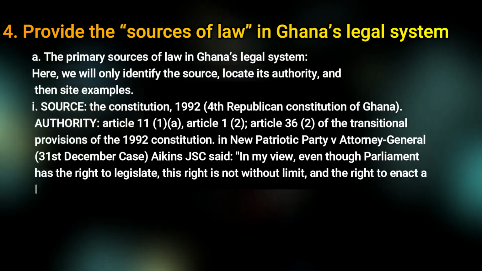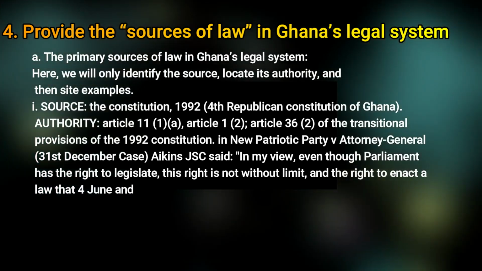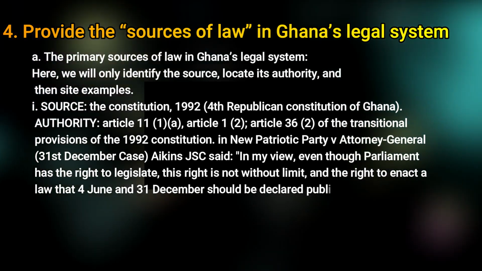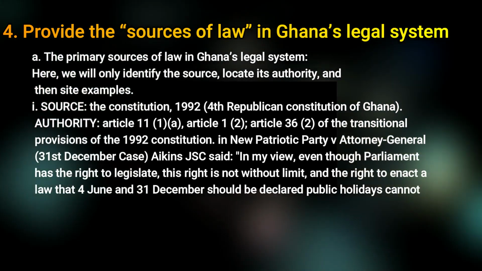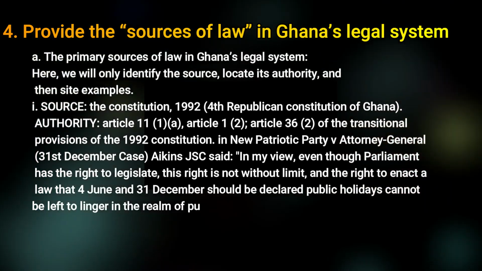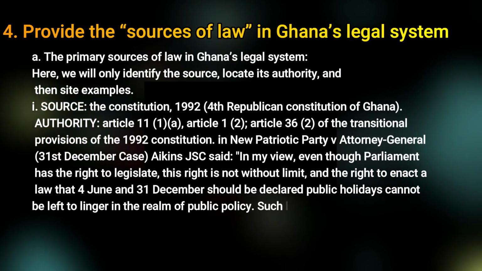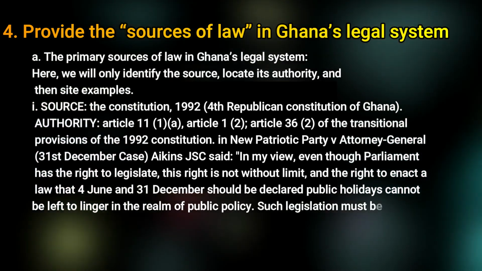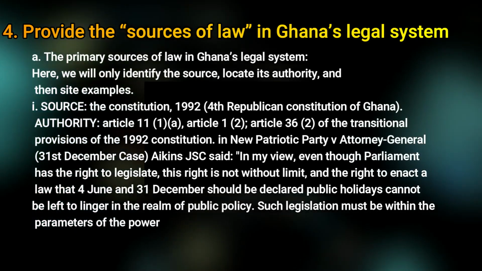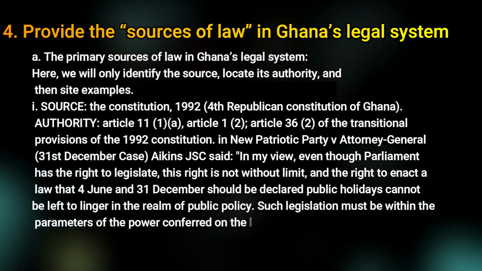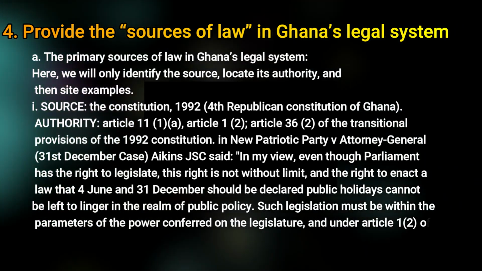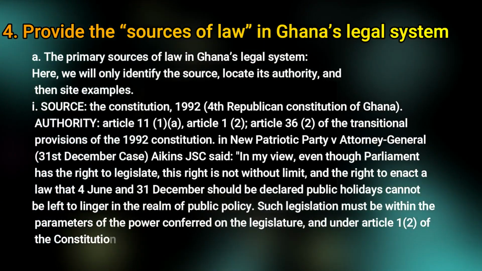In New Patriotic Party versus Attorney General, the 31st December case, Akuffo JSC said, "In my view, even though Parliament has the right to legislate, this right is not without limit, and the right to enact a law that 4th June and 31st December should be declared public holidays cannot be left to linger in the realm of public policy.